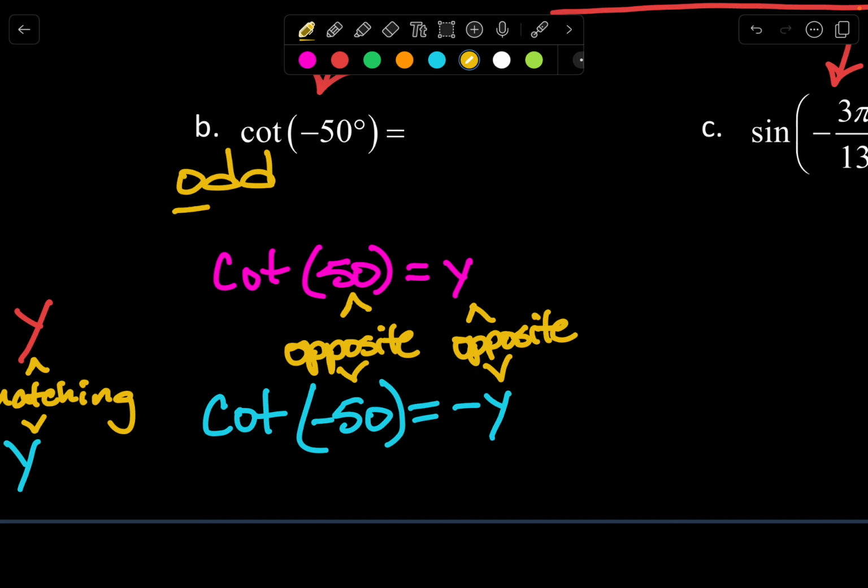So odd, opposite, opposite. So if that's true, then the cotangent of negative 50 would equal the negative cotangent of positive 50. So what I was able to do there is make my argument positive, but also keep the statement true.